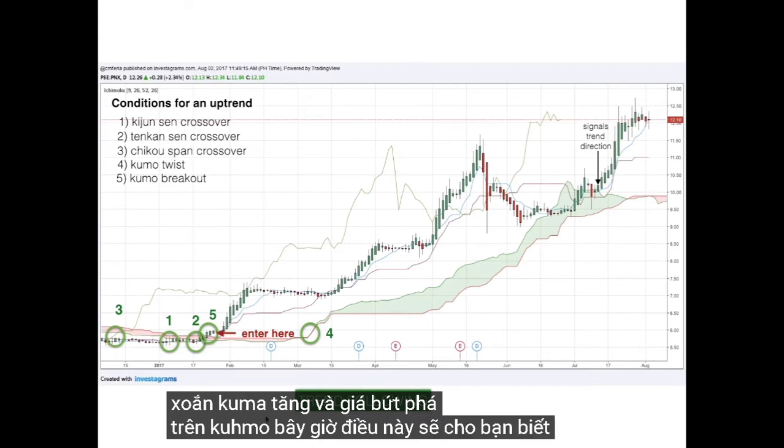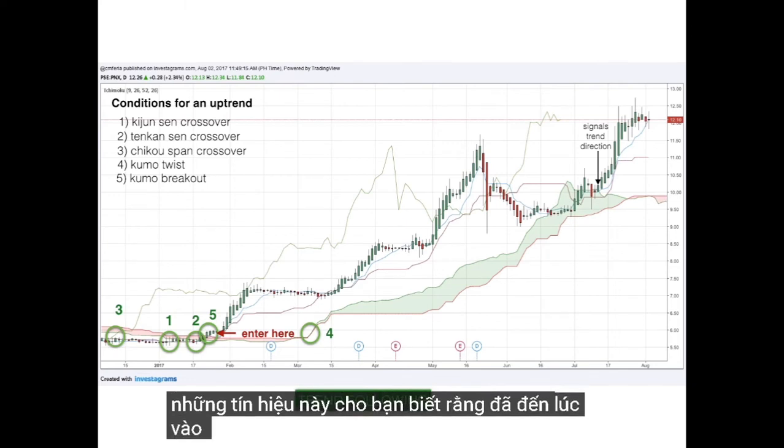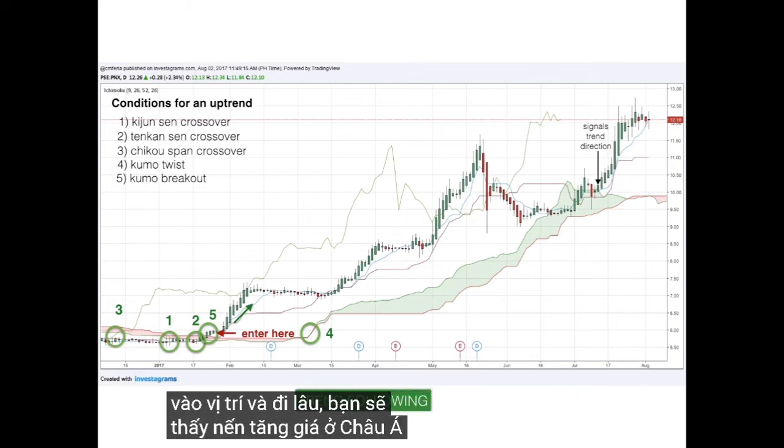Now these signals tell you that it is time to enter the position and go long. You will find the Heikin-Ashi candlesticks showing a strong uptrend.